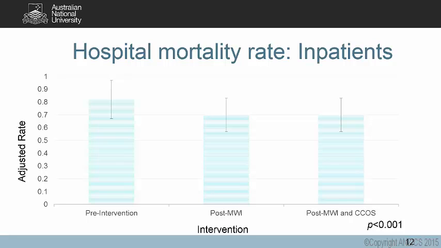We did post hoc analyses, and they showed that pre-intervention hospital mortality was significantly higher than the hospital mortality in the two post-intervention groups. But unfortunately, there was no difference between the two later time periods. So the addition of the critical care outreach service didn't yield any significant result.